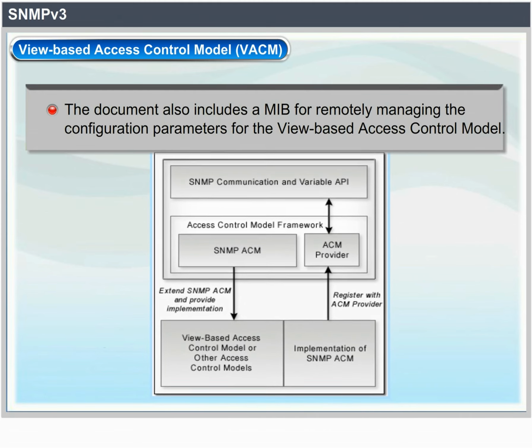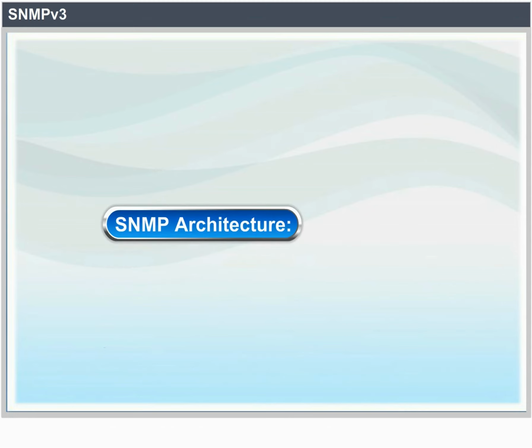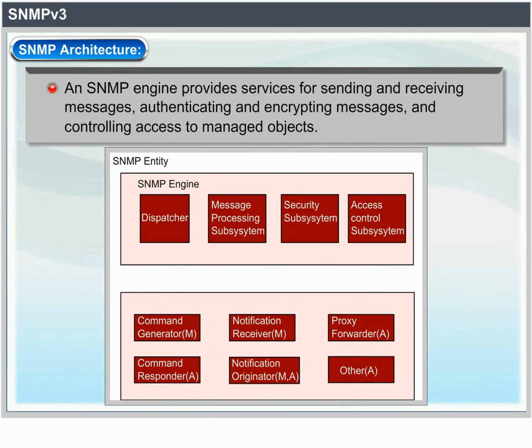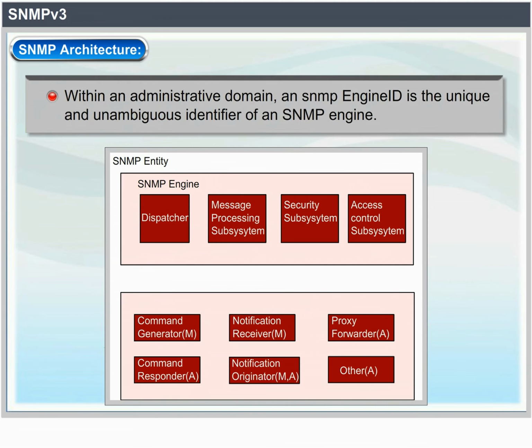SNMP architecture. An SNMP engine provides services for sending and receiving messages, authenticating and encrypting messages, and controlling access to managed objects. There is a one-to-one association between an SNMP engine and the SNMP entity which contains it. Within an administrative domain, an SNMP engine ID is the unique and unambiguous identifier of an SNMP engine.